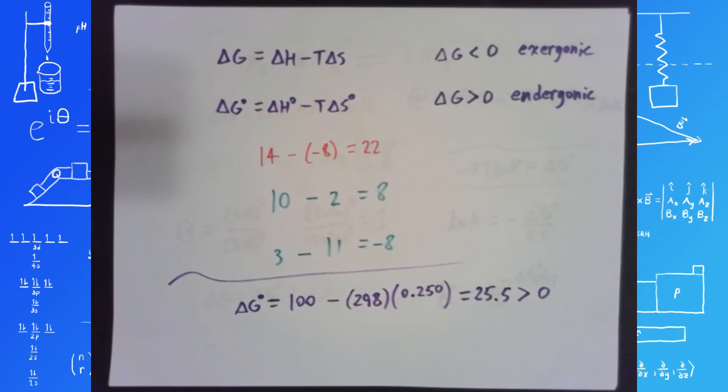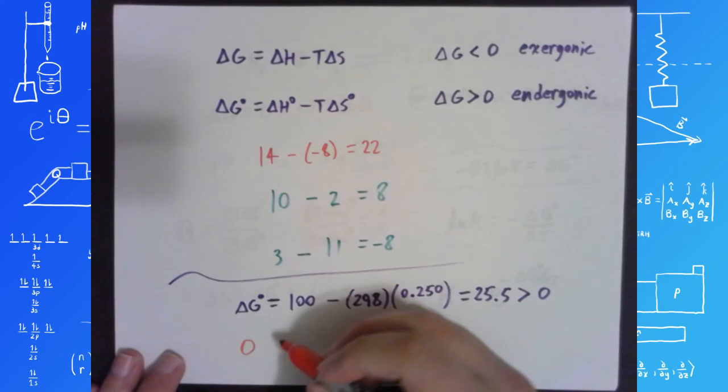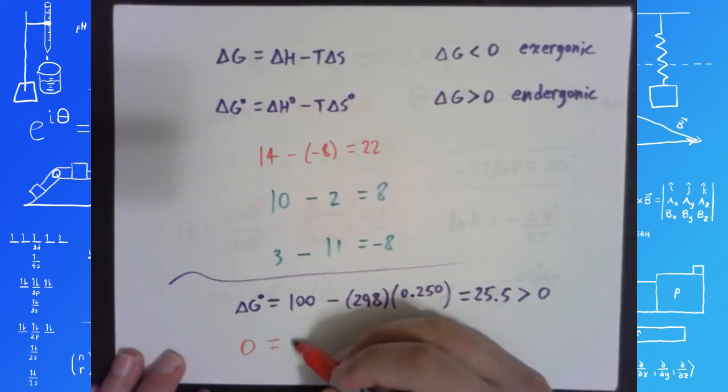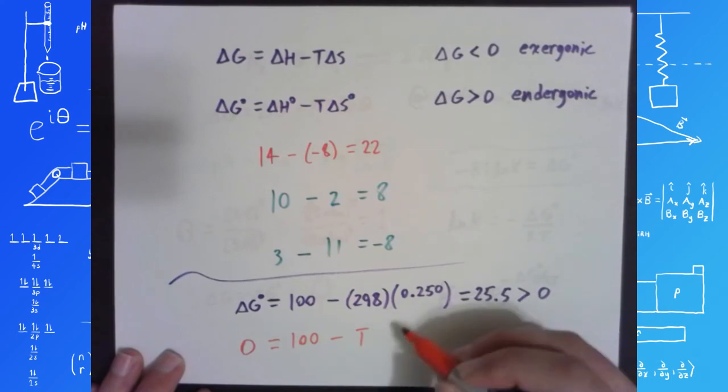And I guess we can ask as a bonus question, at what temperature does this process actually become spontaneous? Where's that threshold temperature between spontaneity and non-spontaneity? And that's not too hard to figure out. Set delta G standard to 0 and solve. 100 minus T times 0.250.